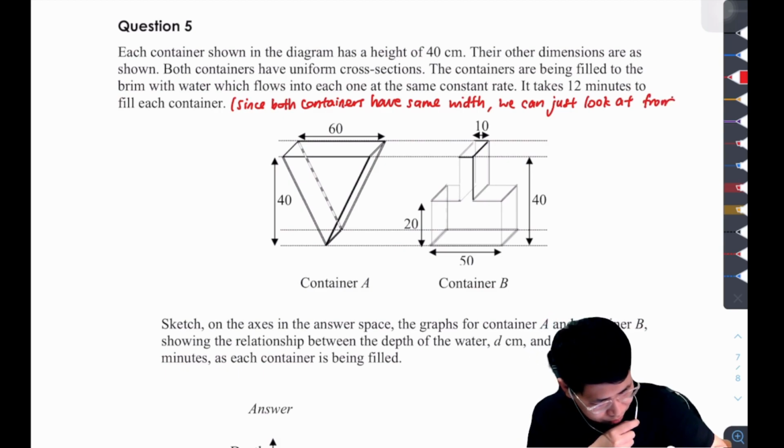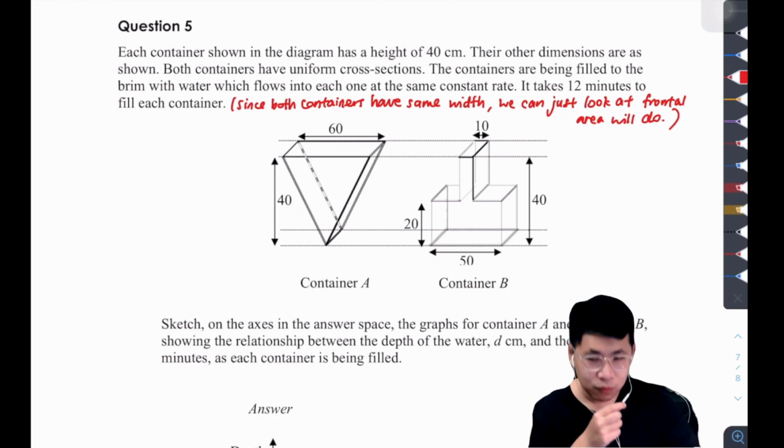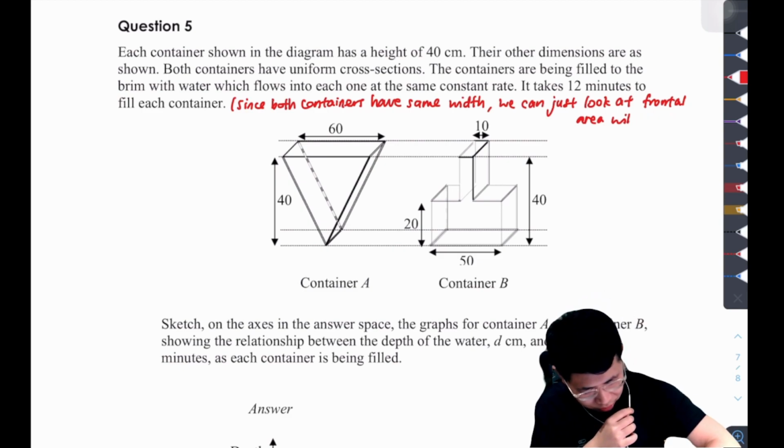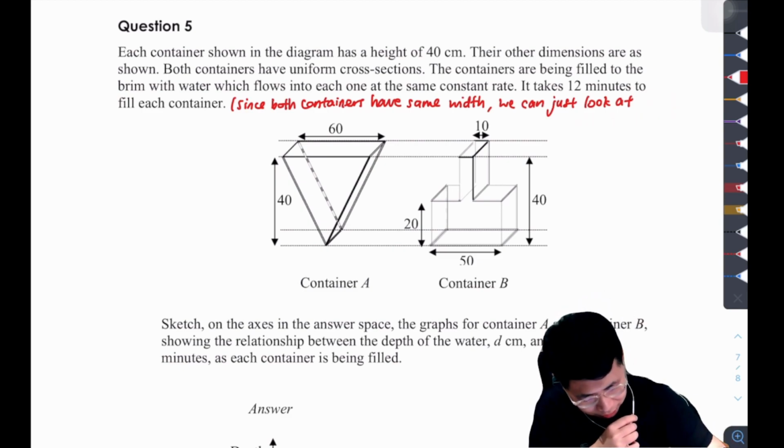The front area will do. Okay, because they have the same width, we don't need to look at the cross section, we just look at the front part. Oh wait, actually this is a cross sectional area. The one facing us is actually our cross sectional area. Right, so cross sectional area.